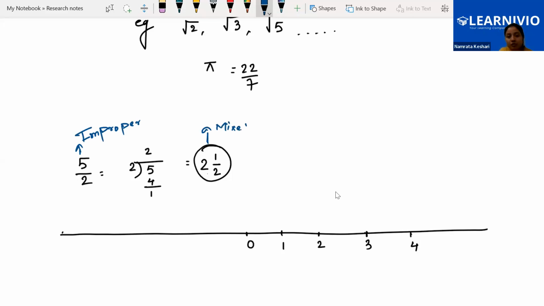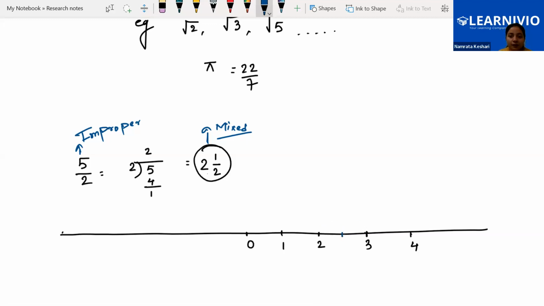Then we get the idea where exactly it will lie. It will lie between 2 and 3. Then how many parts do we need to cut between 2 and 3? Ma'am, 2 parts. So for cutting 2 and 3 into 2 parts, we have to draw one line. You can see one part is this one, another part is this one. Only 2 parts we have to make, so one line is enough.